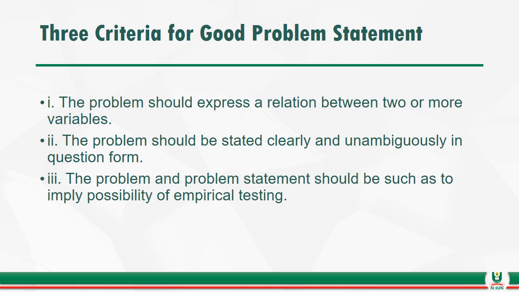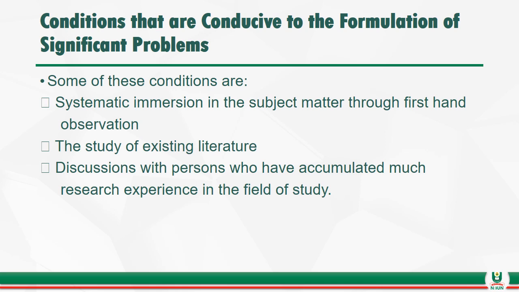The problem statement should be such as to imply the possibility of empirical conditions that are conducive to the formulation of significant problems. Some of these conditions are: there should be a systematic immersion in the subject matter through first-hand observation; the study of existing literature; and third, there should be discussions with persons who have accumulated much research experience in the field.